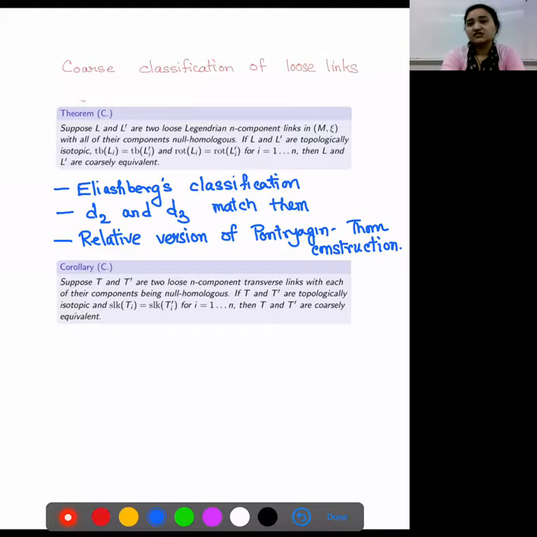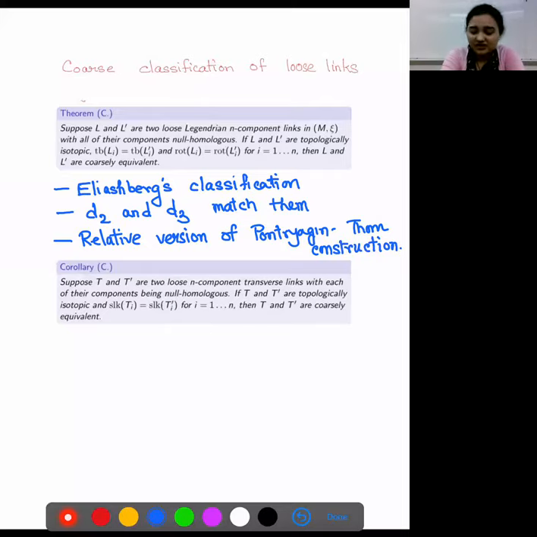The next question is, what about transverse links? Well, this is pretty common in contact geometry: we can prove something for Legendrian knots or links, and then use the nice relationship between Legendrian and transverse knots to prove it for transverse ones, which I did too.